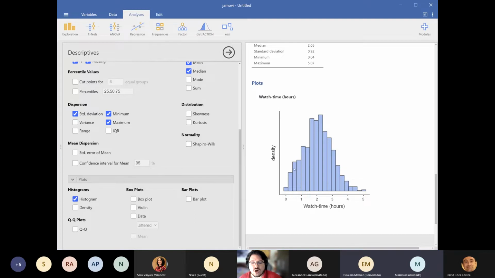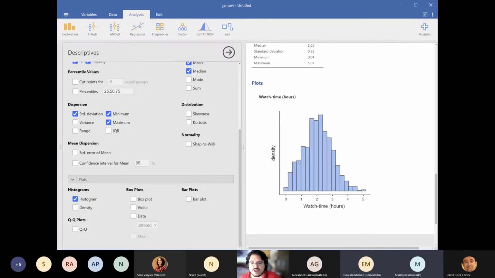Although I created this data to be normal, that was my intention, because I added some error and because I modified part of it so the watch time wouldn't be negative, accidentally I made this data not normal.